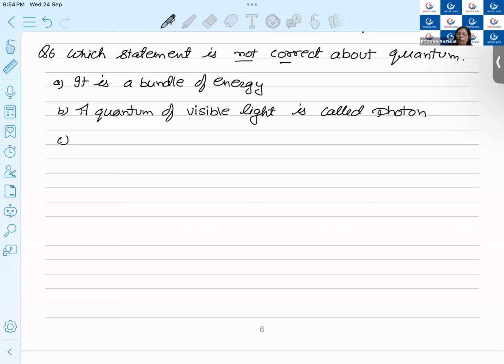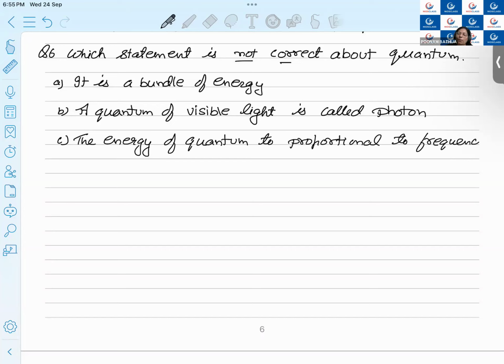The energy of quantum is proportional to frequency of radiation.